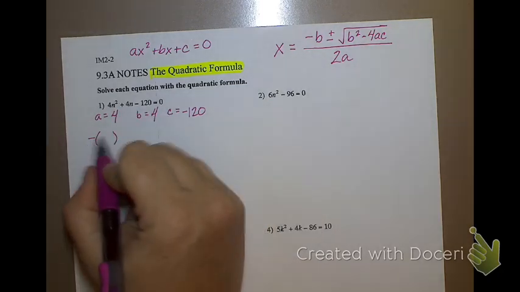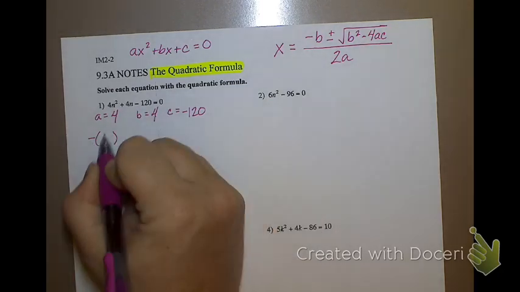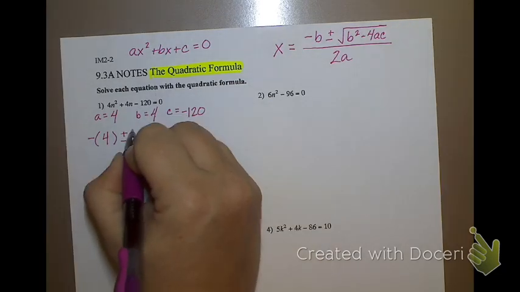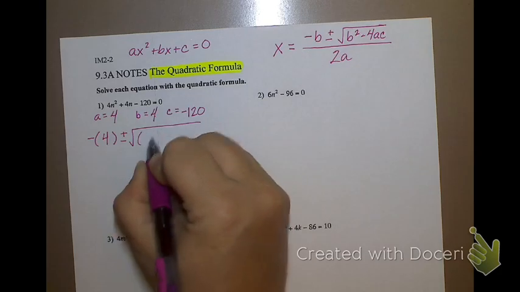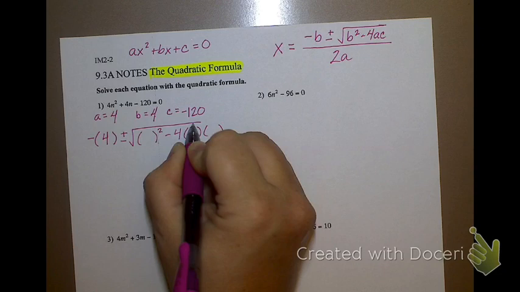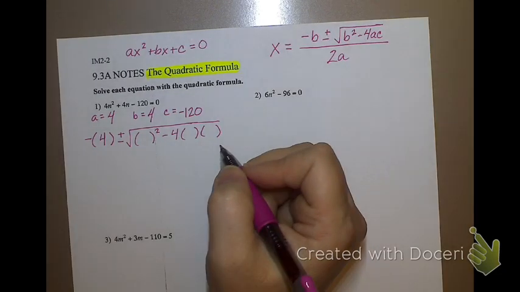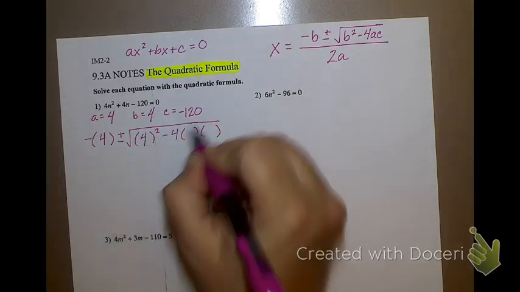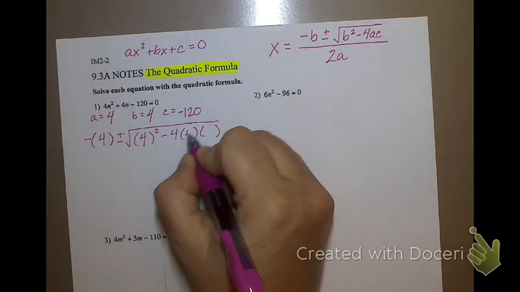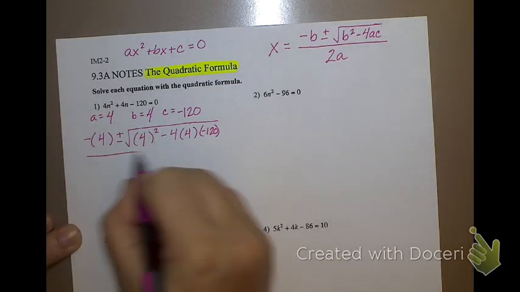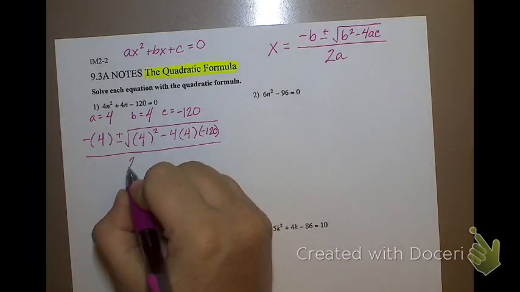So, negative B, and I'm going to put there a 4, because that's what B is, plus or minus the square root of B squared minus 4AC. Do you see how I just am putting a bunch of parentheses to fill in? It's going to help me keep things straight. So this is B for A and C all over 2A.